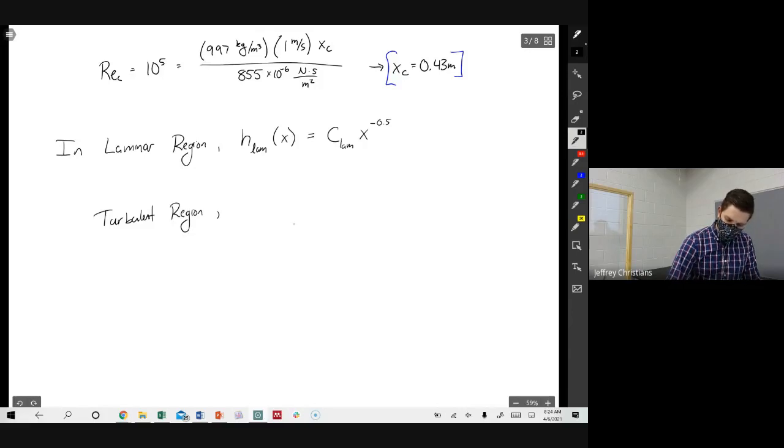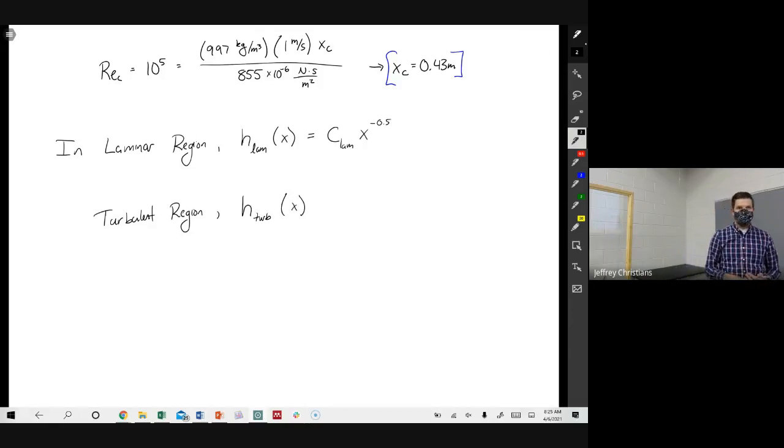In the turbulent region, our models are going to look very similar. h is still going to be a function of position, still decreasing as we go along the plate. h is decreasing because the slope of the temperature at the plate is decreasing as we push more heat up into the fluid, or as those temperatures get more and more similar.